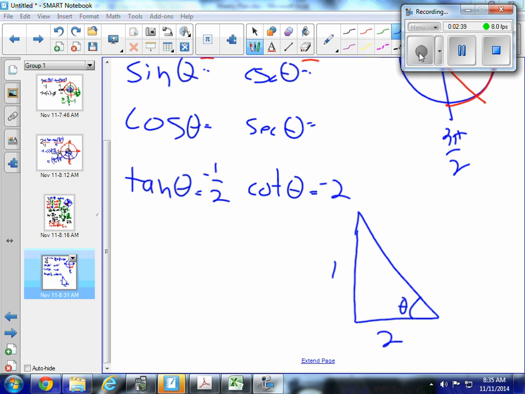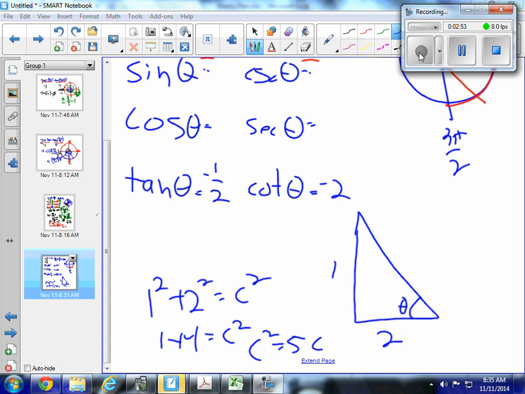Okay? So, Pythagorean theorem. 1 squared plus 2 squared equals c squared. That's 1 plus 4 equals c squared. C squared equals 5. C equals radical 5. So that is my hypotenuse, radical 5.